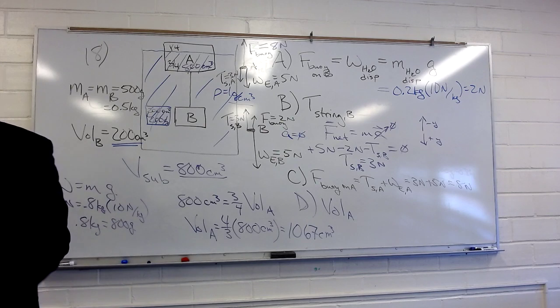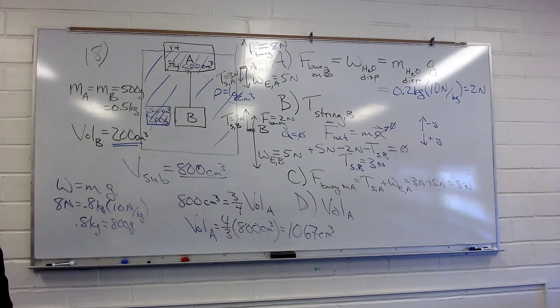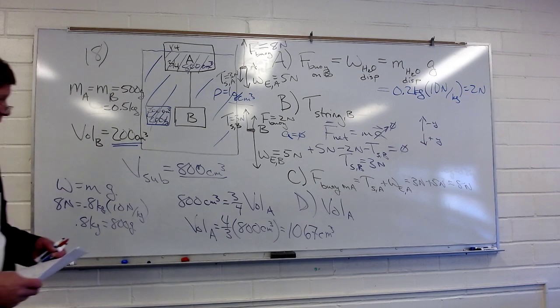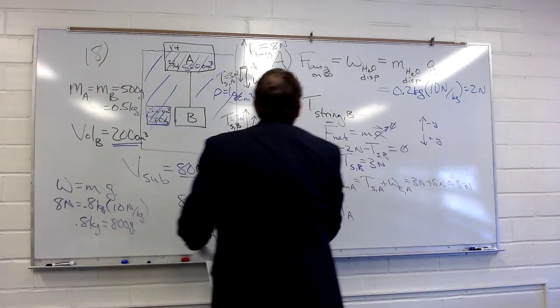Okay. Now we're almost done here. We have one more step to go, and no, we got 2 more steps. This problem goes on and on. So let me get myself some room over here.